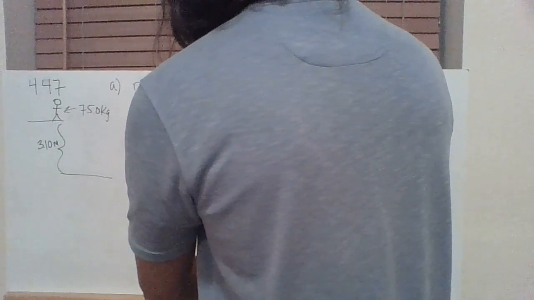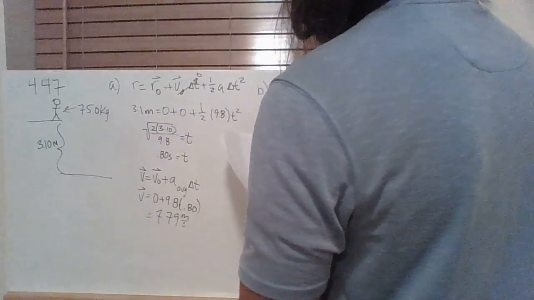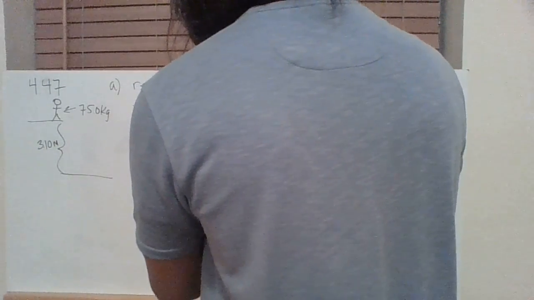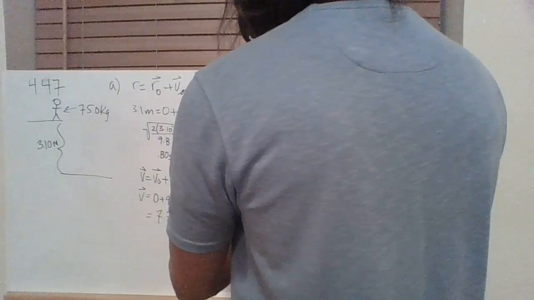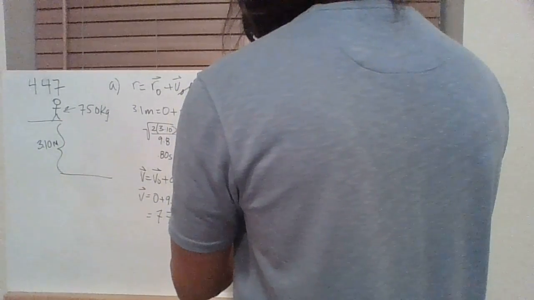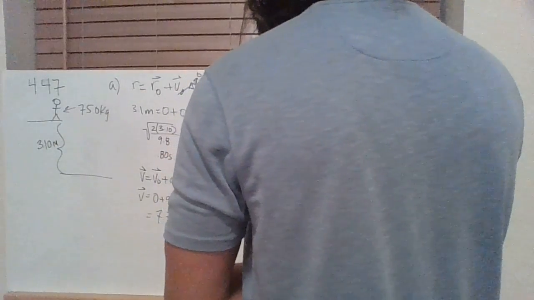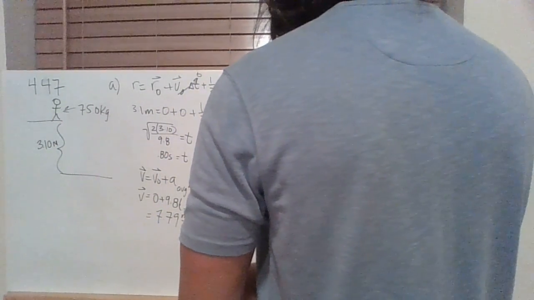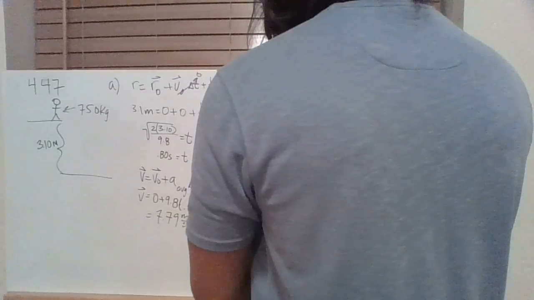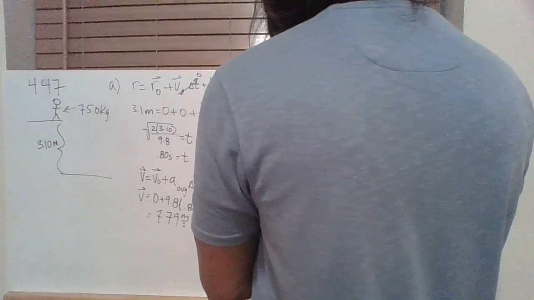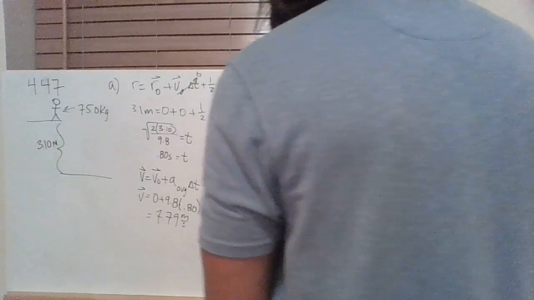So for part B, we're going to use Vy squared equals Vy naught squared plus 2 ay times y minus y naught.